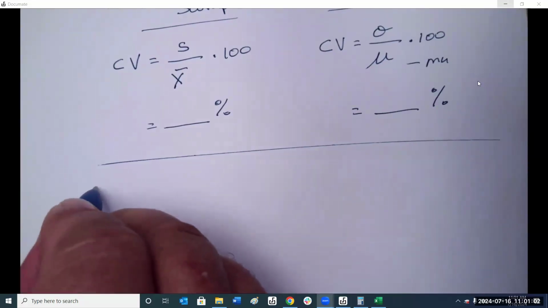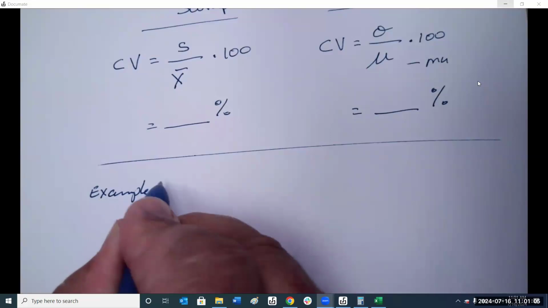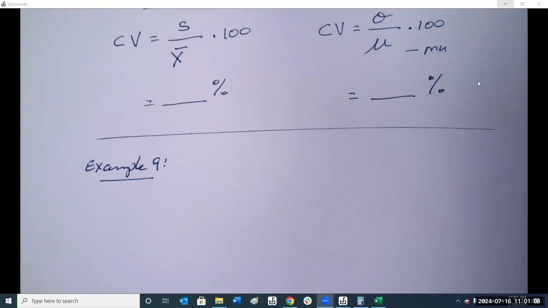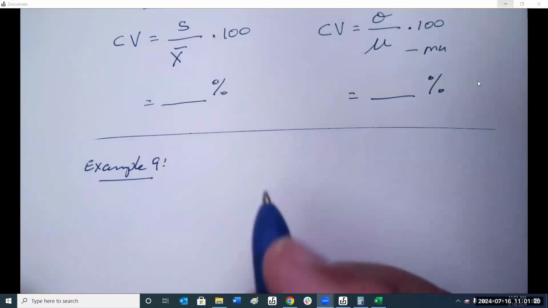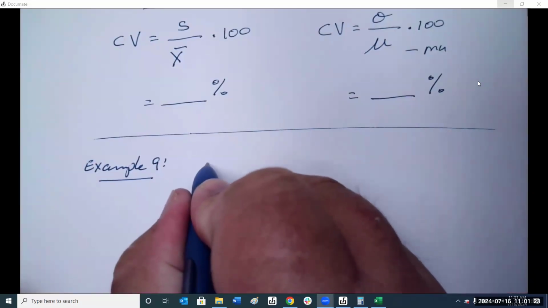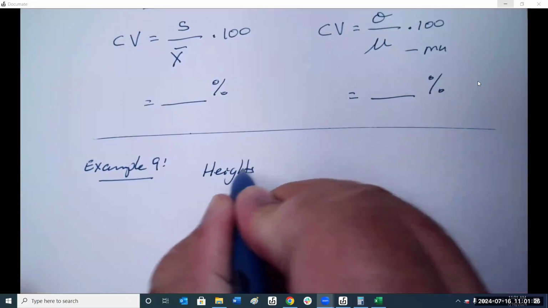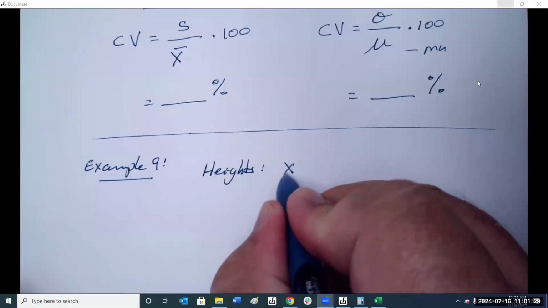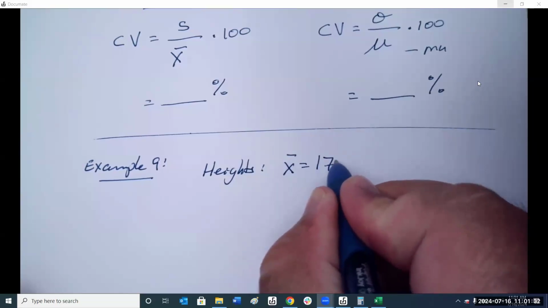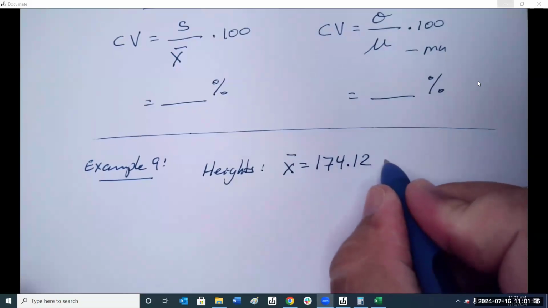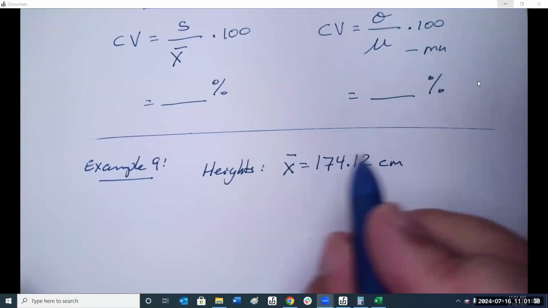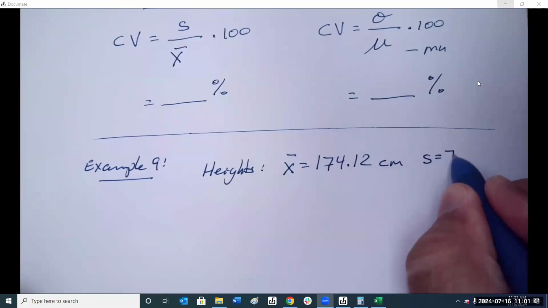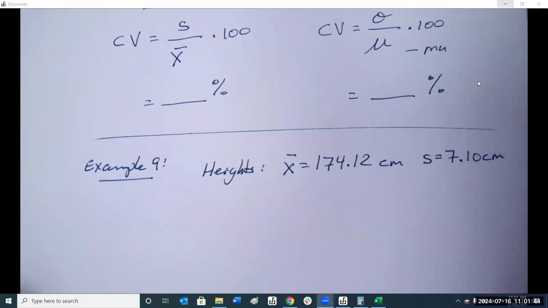So let's look at the last example of this section. Example 9. Heights of adult males and weights of adult males. Using the data set of body weights, which if you want to, I'll send it to y'all. For the heights, the mean of the sample was 174.12 centimeters, and the standard deviation was 7.10 centimeters.